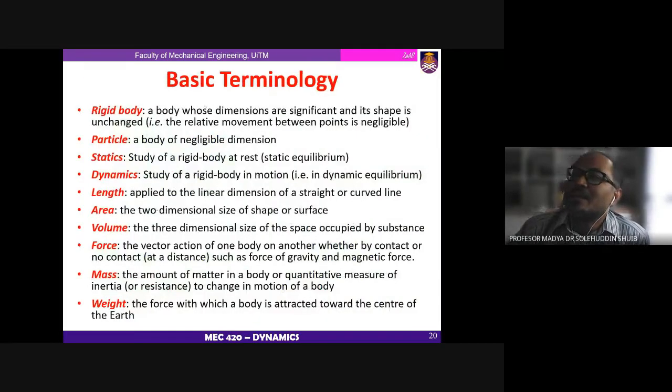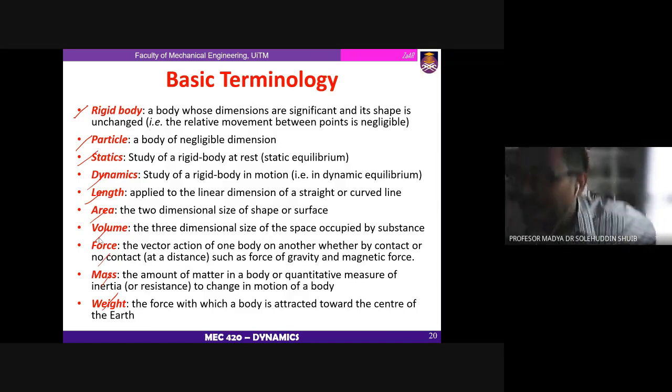These are the basic terminologies: rigid body, particle, static, dynamic, length, area, volume, force, mass, and weight. These are the basic terminologies that you're going to see again and again in this class.